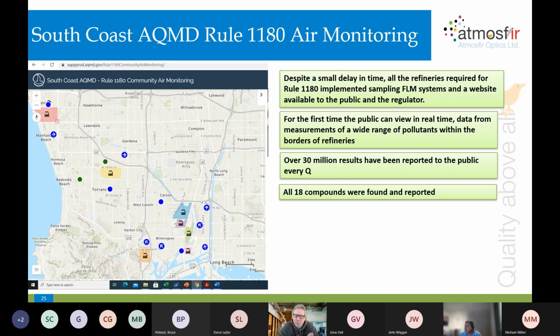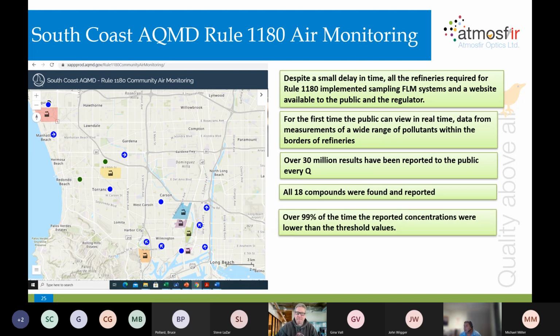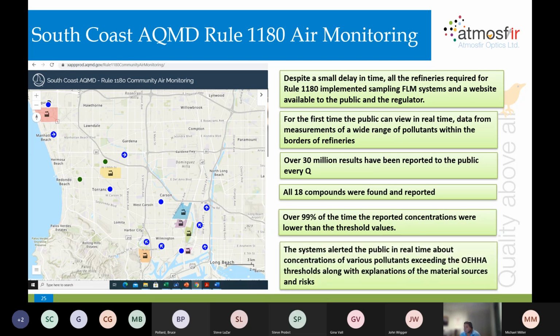All 18 compounds that needed to be monitored by the rule had been reported by at least some of the refineries. The good news, or more good news, is that 99% of the time there was no exceedance over the threshold, meaning that all reported concentrations were lower than the threshold values.